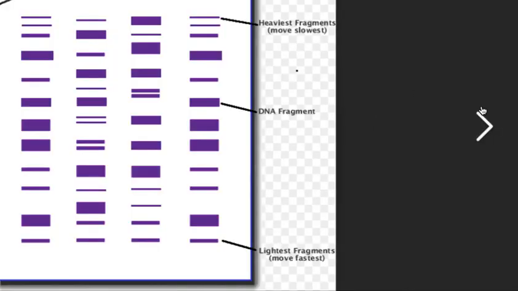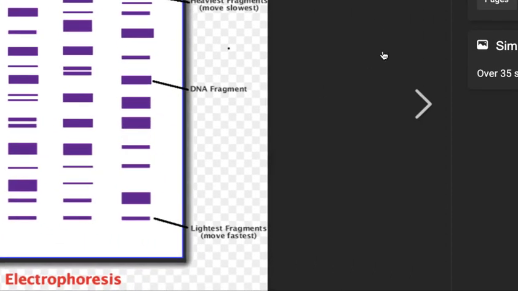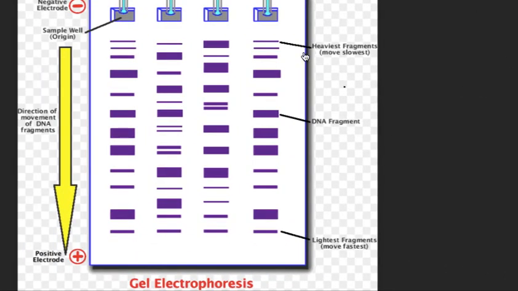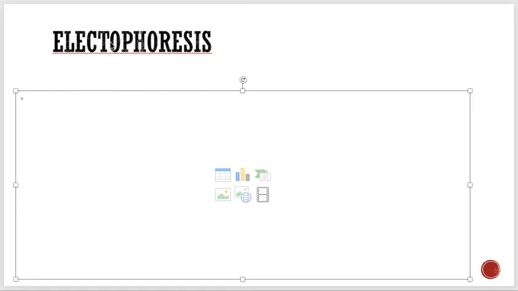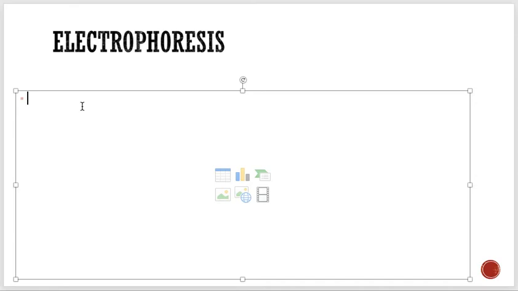And see, the heavier fragments move slow and the lightest fragments move fast, and these are the bands we formed, right? So we do electrophoresis in order to diagnose thalassemia.